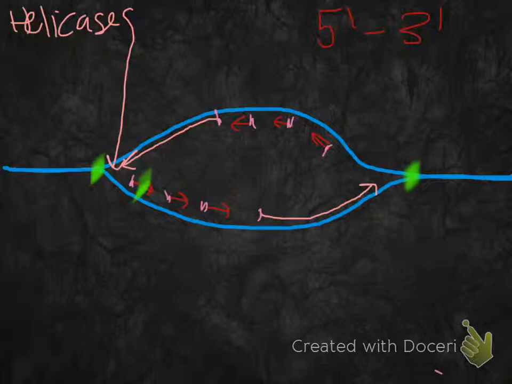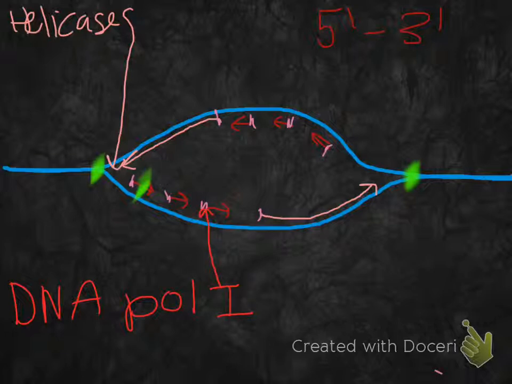So now that that occurs, our little friend called DNA polymerase 1, he's going to come in. This is how it's commonly written out in the scientific world. He's going to come in and go right here into the nucleotides and remove them from the primer and just inject them with DNA nucleotides so it can start resembling the new DNA.